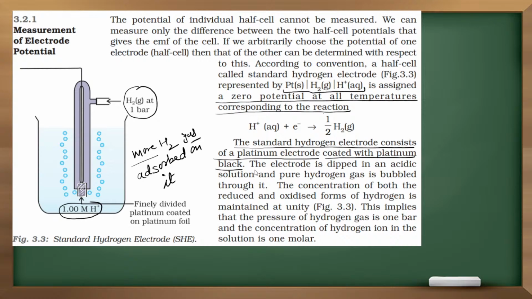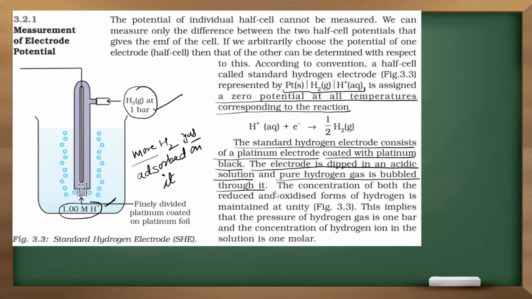Okay, so the electrode is dipped in an acidic solution, and what is the concentration of this acidic solution? 1 molar H plus ions, and pure hydrogen gas is bubbled through it at 1 bar pressure.